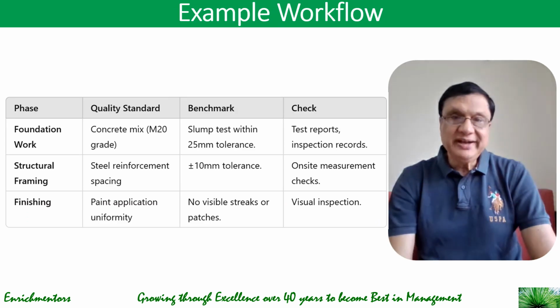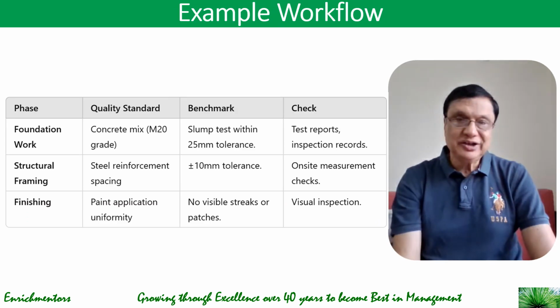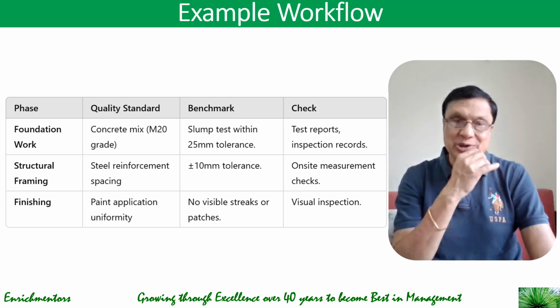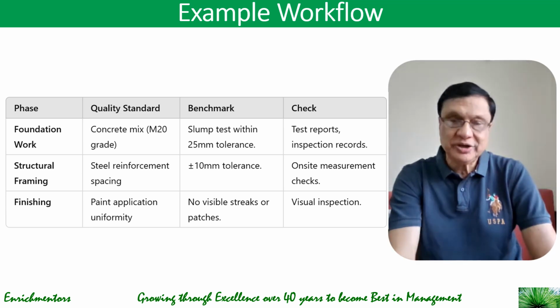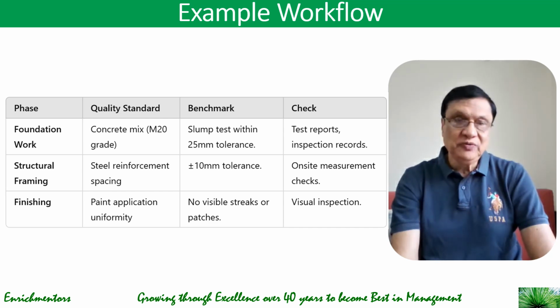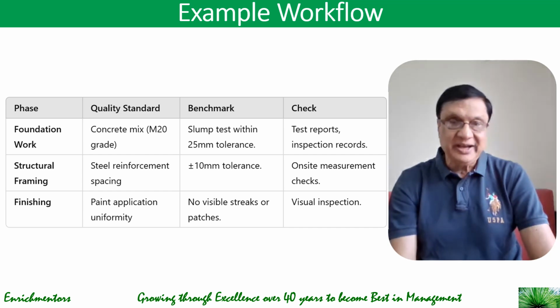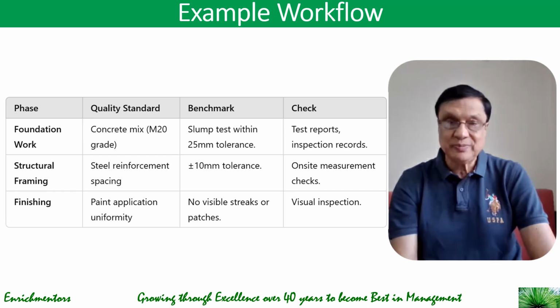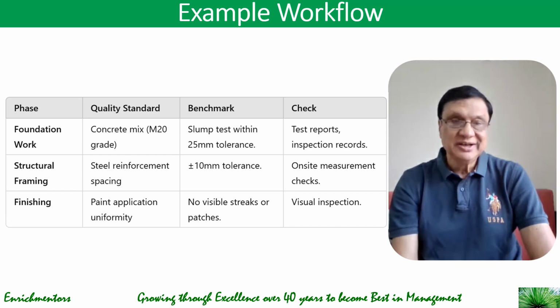Let us look at an example of a workflow you can see in different phases of developing and ensuring quality standards. In the foundation work, one of the quality standards you need to develop is concrete mix, M20 grade. Your benchmark could be a slump test within 25 tolerance, and you can check whether you're meeting these quality standards through test reports and inspection records.